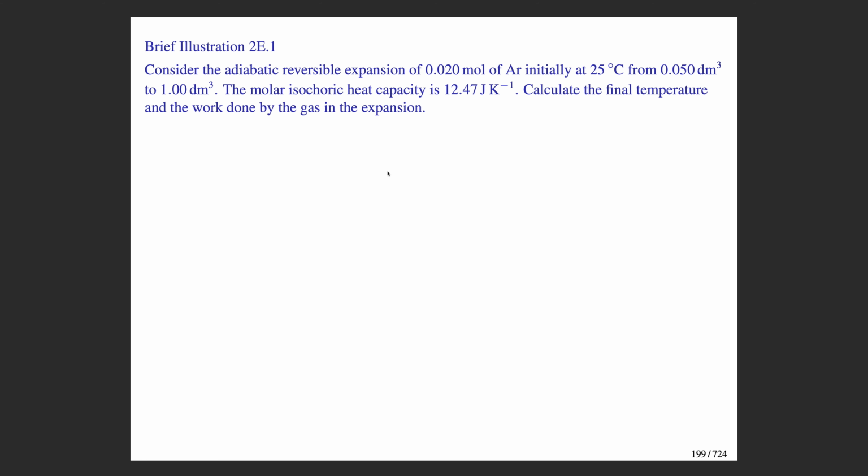We're going to add to that 0.020 moles times the gas constant. And then we're going to divide that by that 12.47 joules per Kelvin. So this will give us gamma.